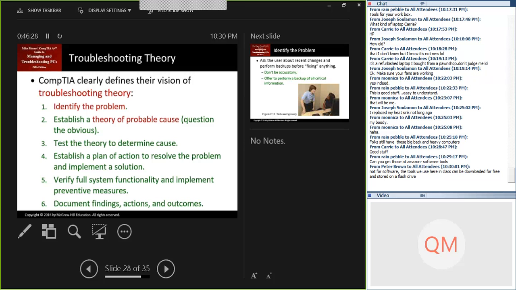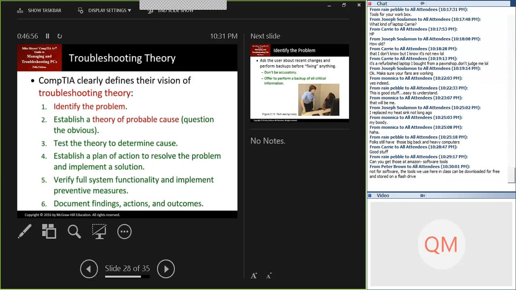This troubleshooting theory you need to memorize. I'm going to be doing round robin questions, where I'll say to somebody, Carrie, what's the 4th troubleshooting step? And you need to be able to give me that in order, because they go in that order.